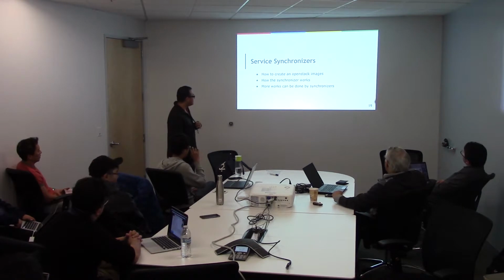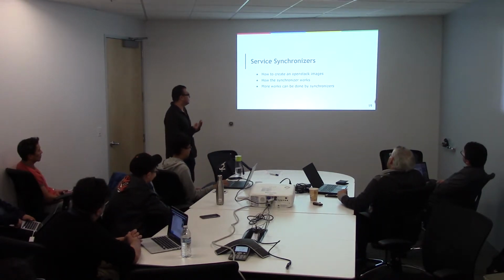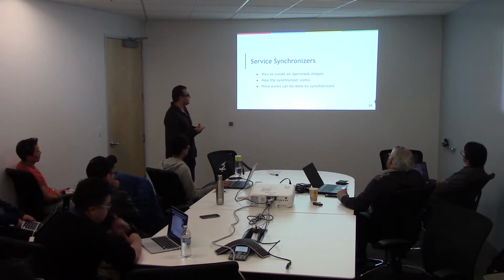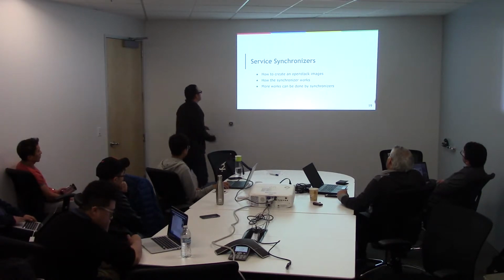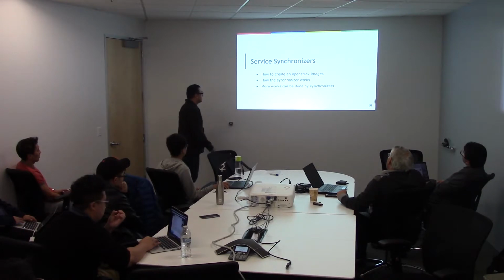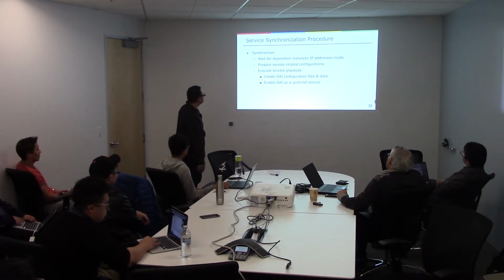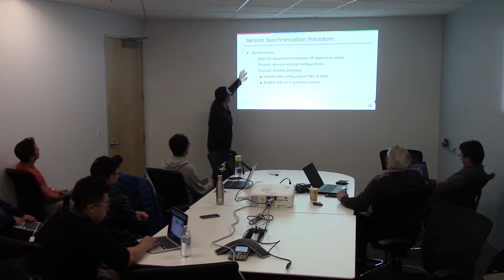So after you successfully bring up your VM and put your image into the VM, they will become the three different instances. Then there is some more work to do. That work is related to the service synchronizer. This is the service synchronizer procedure. Actually, there are three steps that need to be done.